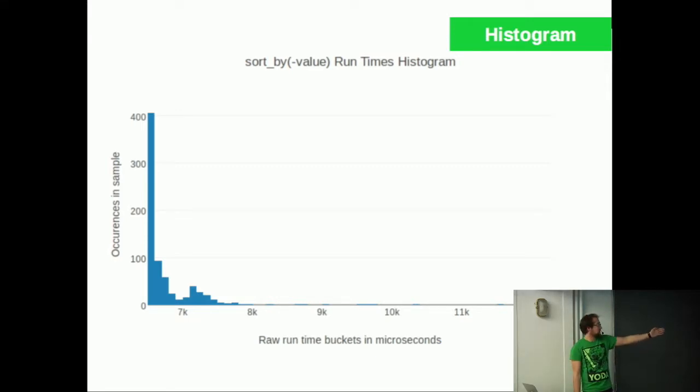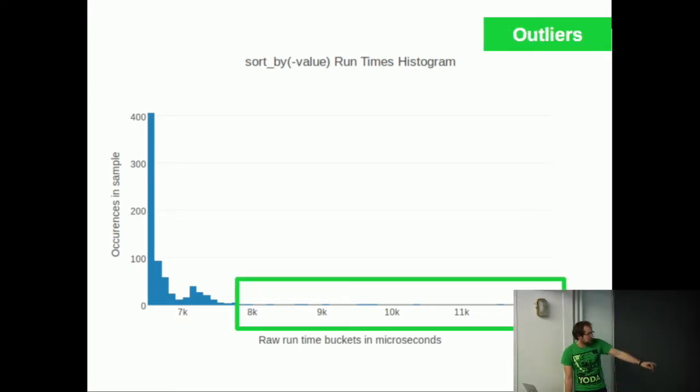So the first bucket is from 7,400 to 7,400. And so you can see basically how it is generally distributed. You can see here, you probably can see it from the back, there are very, very tiny little blue bars all the way up there. And those are outliers. Maybe the garbage collection got triggered or something else, which is why these exist.